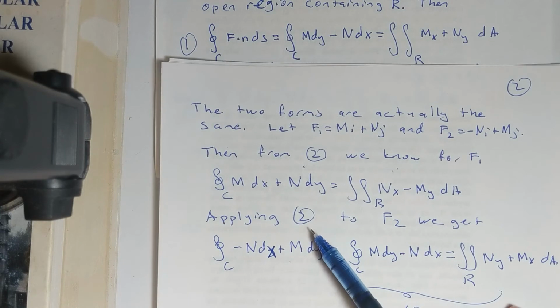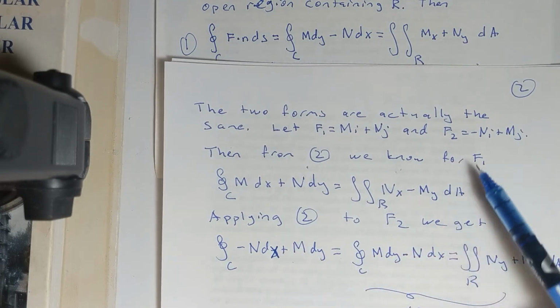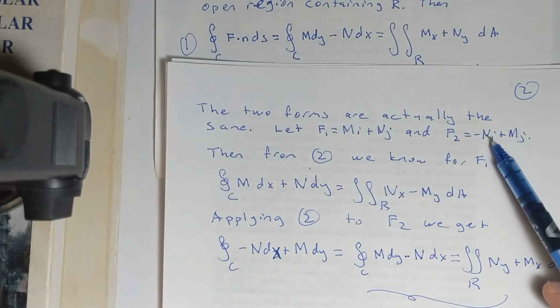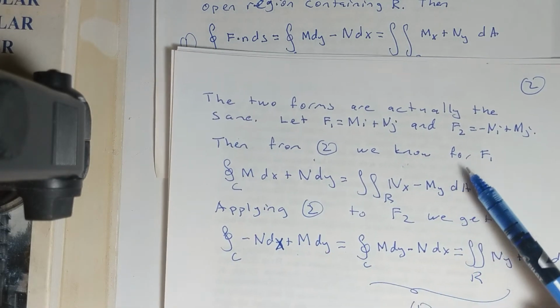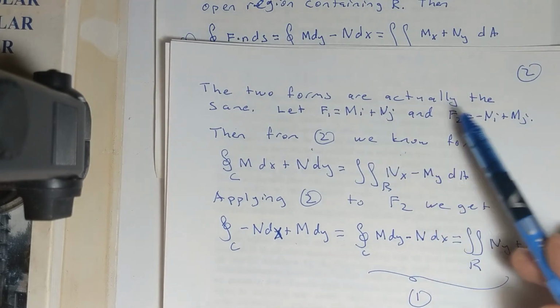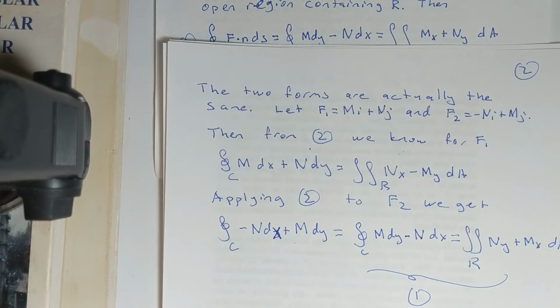Now, if we apply it to F2, its M is actually minus N, so instead of M, I would put minus N, and its N is actually M, so instead of N, I would put M dy, and I do the same thing.